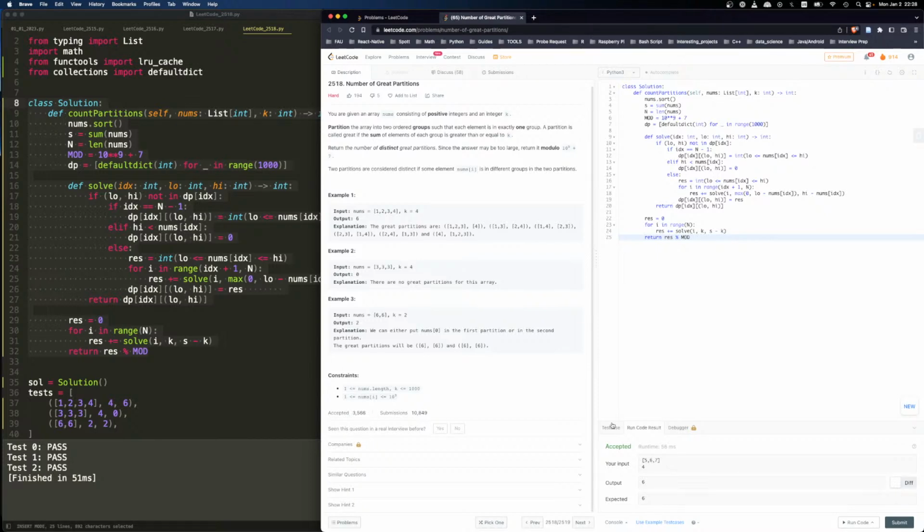And then this one times 2. Okay, so let's add one more. So we can do 5, 5, 6, 5, 6, 7. So it'll be 3 plus 2 plus 1 times 2. 12. This will be 12.